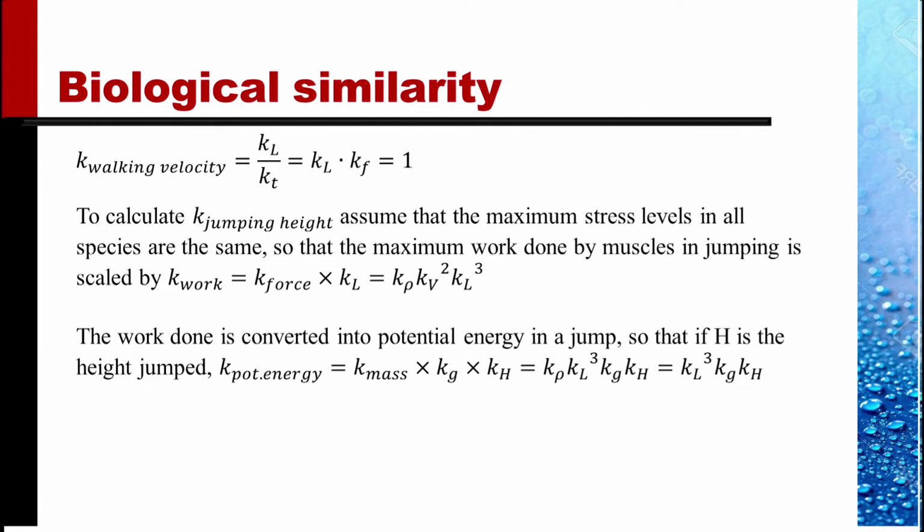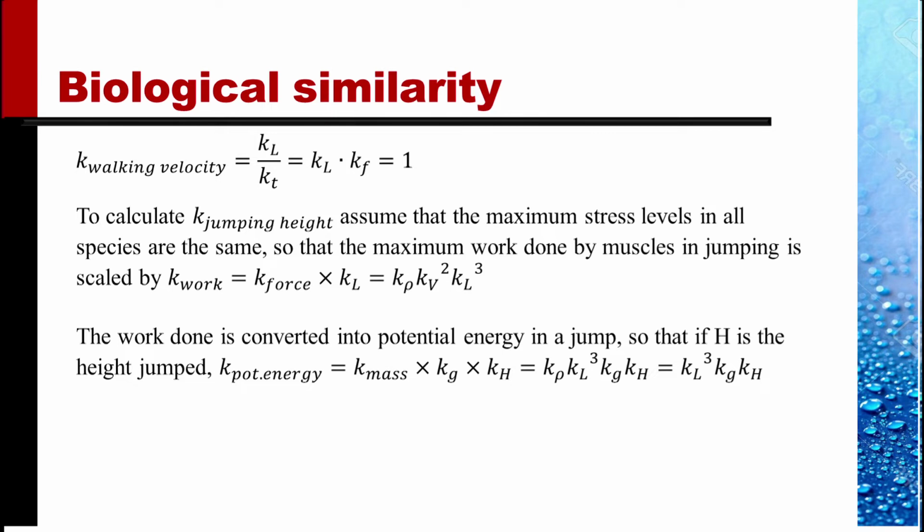If the muscles do work, they exert force, and we assume that the maximum stress levels in all muscles, in all species, is the same, so that the maximum work done by the muscles in jumping is scaled by K work, which is K force into KL, and K force is like K sigma into KL square, so that K work is like K sigma into KL cubed.